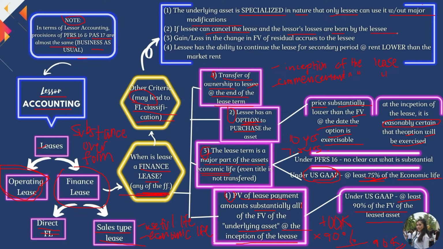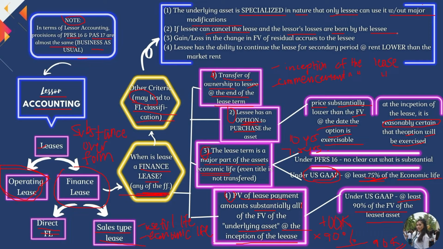So if naay losses, shouldered siya sa lessee. Because of course, part of those losses is di na nimo mapaabangan sa uban. Because, di ba, you had an agreement with lessee nga abangan to niya. So karon if naay loss nga ma-incur, siya ang mo-shoulder. This is one of the criteria sad para ma-use nimo ang finance lease model.